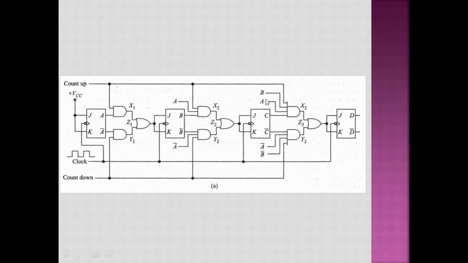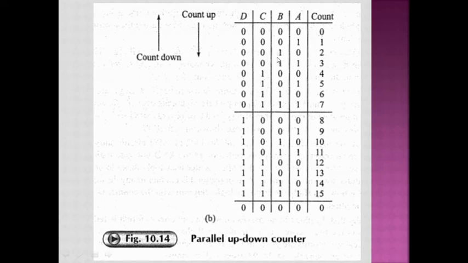The same kind of logic you can observe over here. So in a count up mode, you can synchronize with the truth table also. You see this C, when C is required to change the state, whenever A is high, B is high, C is required to be toggled from 0 to 1.